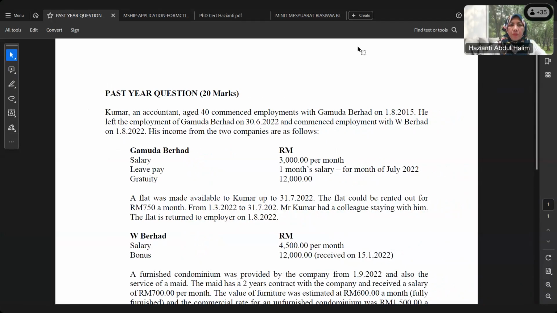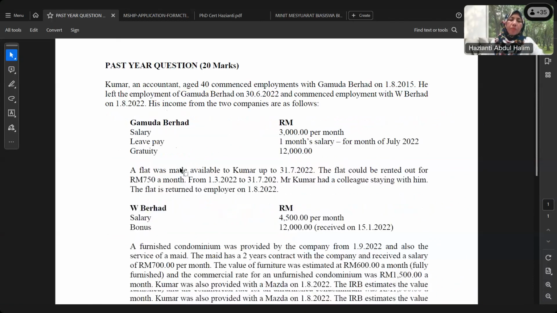So this is from saya tak ingat semester mana, last semester ataupun previous semesters. This is final exam question, 20 marks.